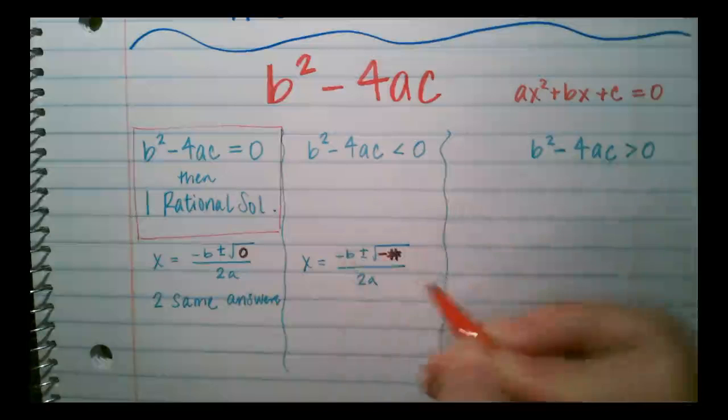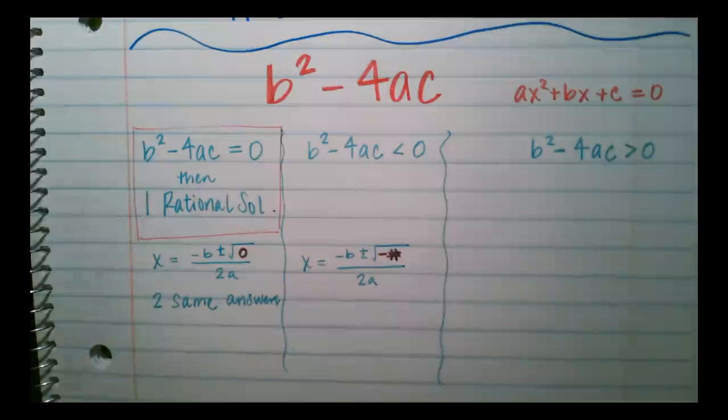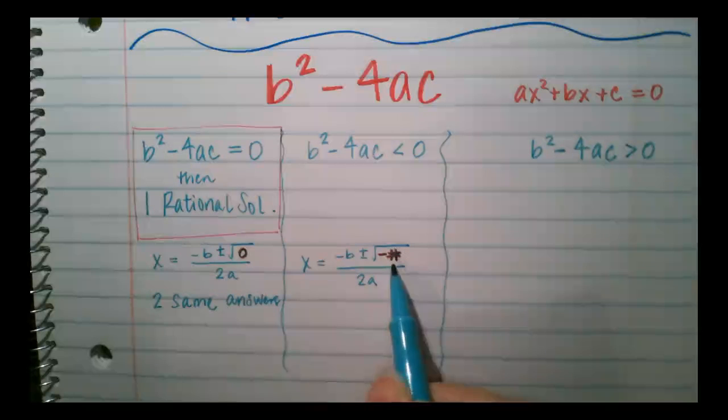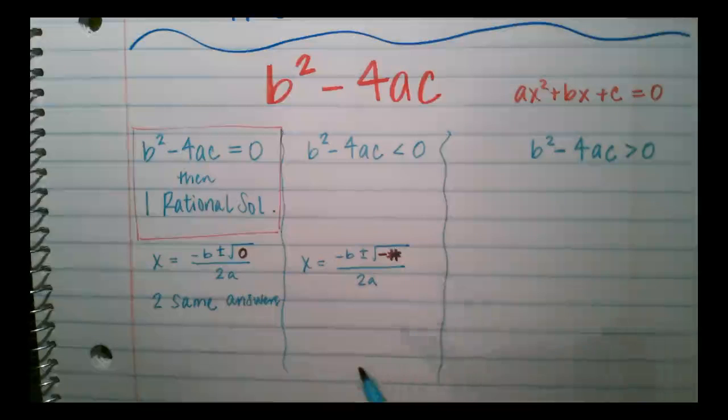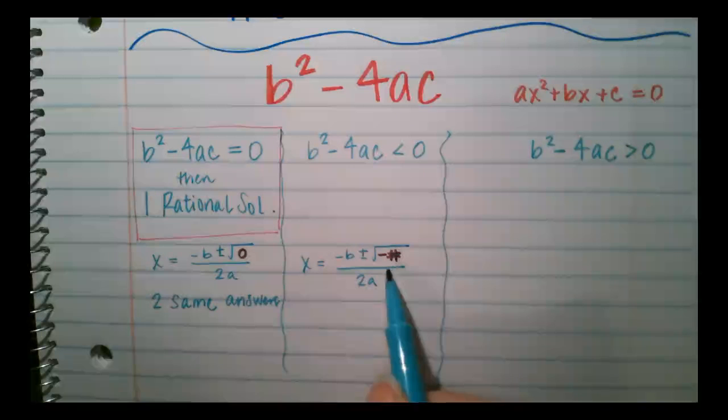Here it was 0. Here it's a negative number. Now, you haven't had any experience with this yet, but we can't take the square root of a negative number, because taking the square root means that we multiplied a number by itself to get what's in the square root. And there's no way for us to multiply a number by itself and get a negative.